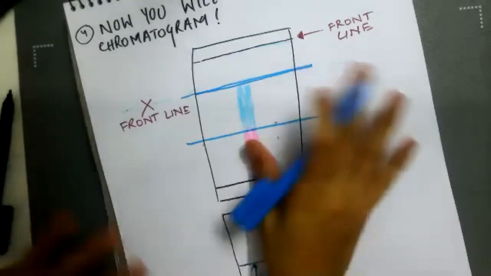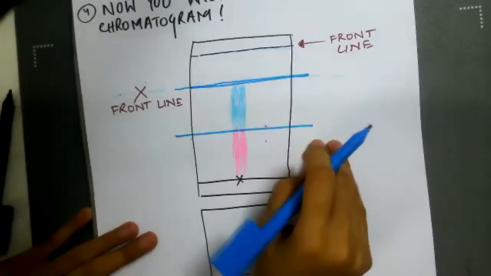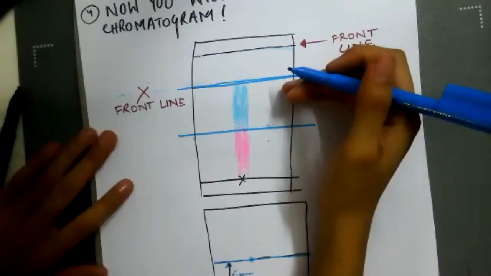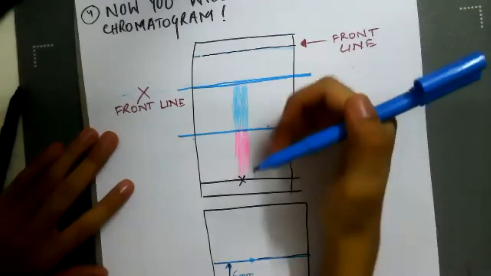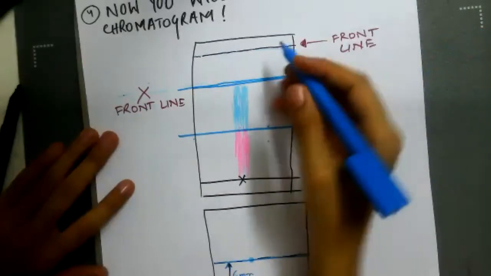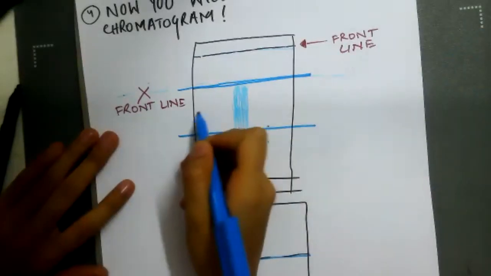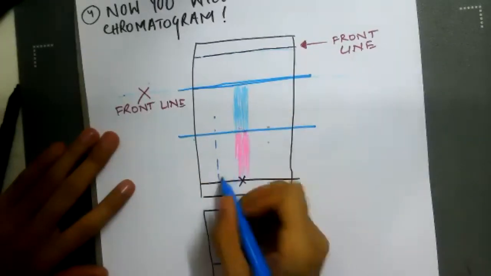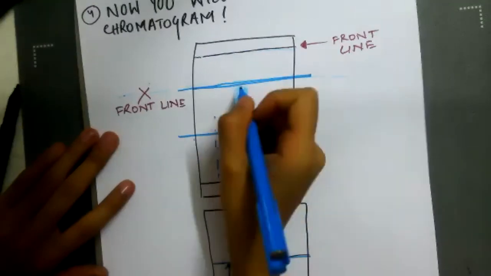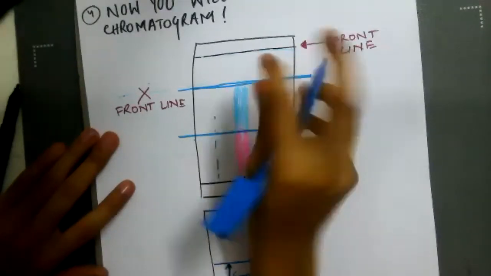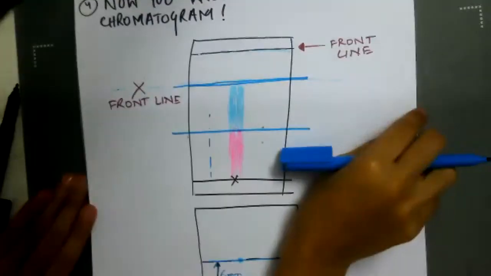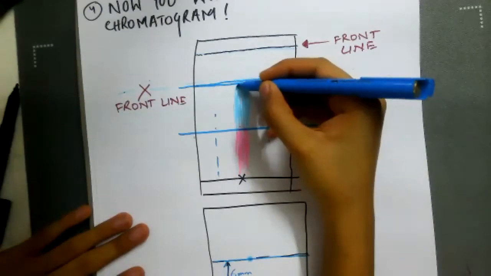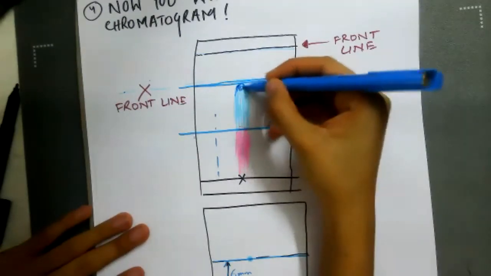But first of all, if you do a real experiment, you do need to know where you're going to draw that line, from where you'll start measuring. It's not like you're just going to take anywhere on the blue and then measure the distance to the datum line, but you're going to see where the blue ink is more concentrated. So let's say the blue ink is more concentrated right here.